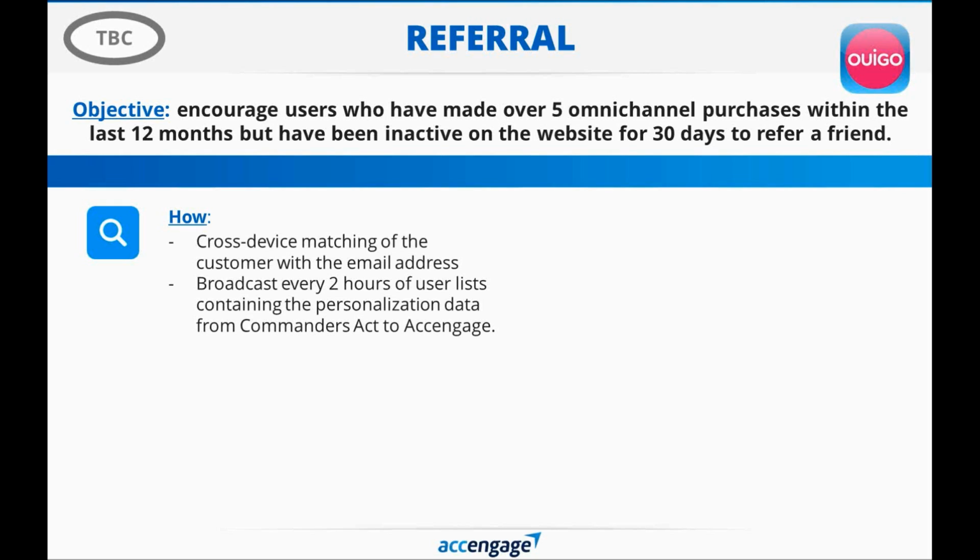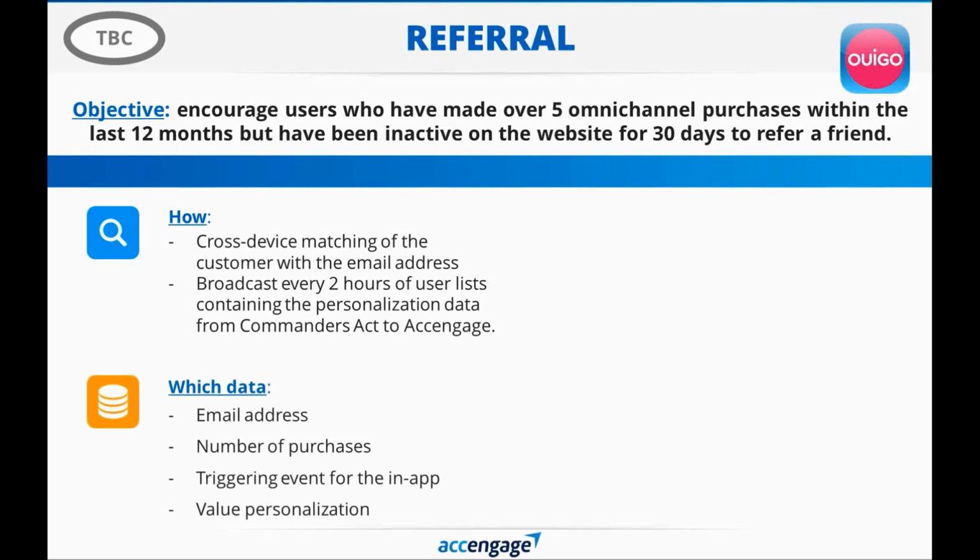Same as for the rest. The Commanders Act DMP identifies the users that fall into that category, and they're able to send every 2 hours a list to Accengage. And we get, of course, the list of users through their email address, the number of purchases, and also the value of the promo code.